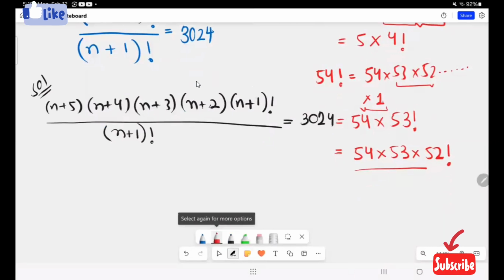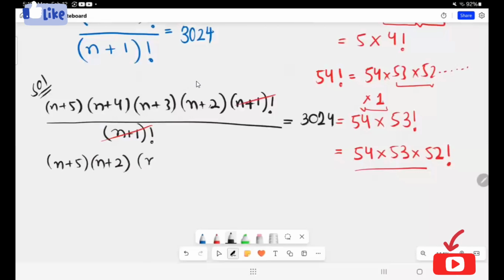Here, if you can see, this and this are going to be cancelled. Now I'm going to write all these factors. I'm going to pair up n plus 5 with n plus 2, and n plus 4 with n plus 3.